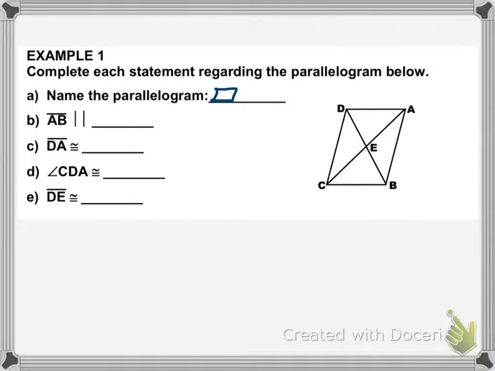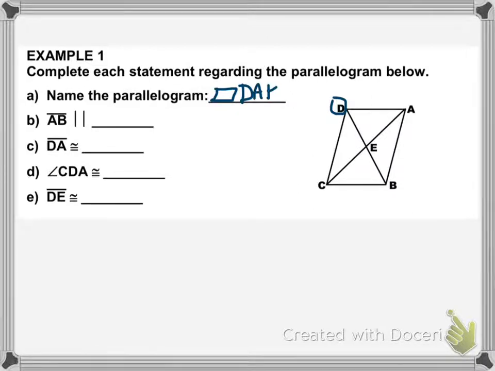So if I started with D, for example, I would list the other vertices either going clockwise around the shape, so DABC, or going counterclockwise around the shape DCBA. Okay, so I could pick one of those. It wouldn't matter from whatever vertex you started with.